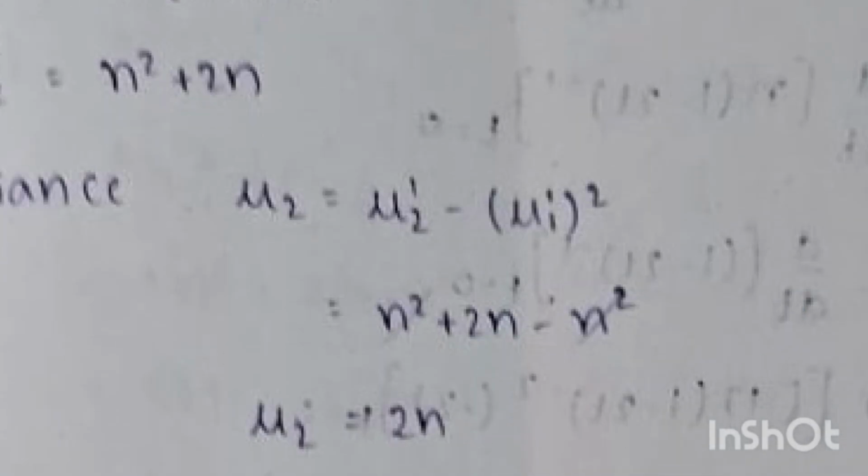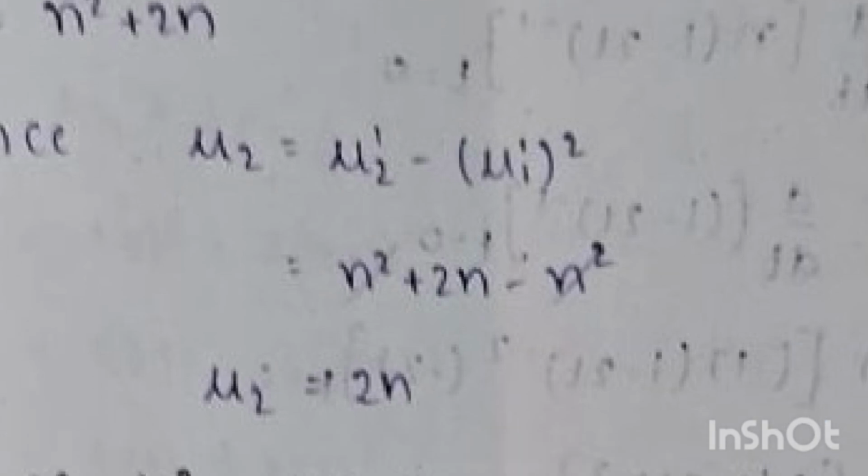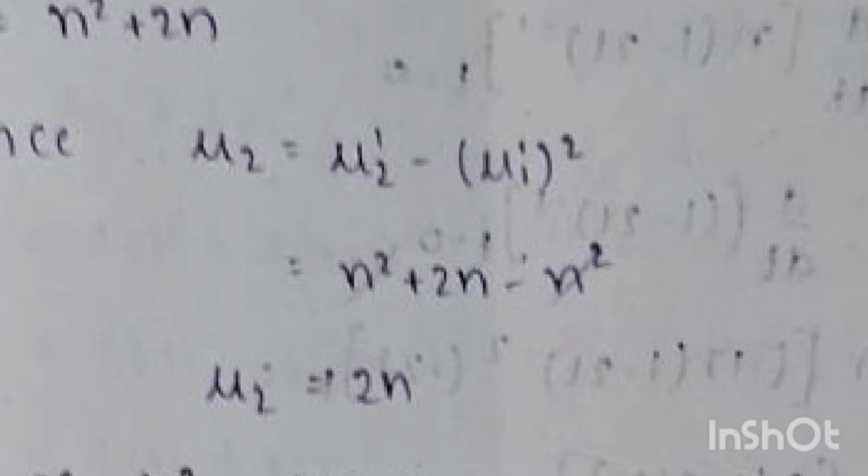The variance mu2 equals mu2 dash minus mu1 dash whole square, which is 2n. So the mean and variance of the chi-square distribution are n comma 2n.